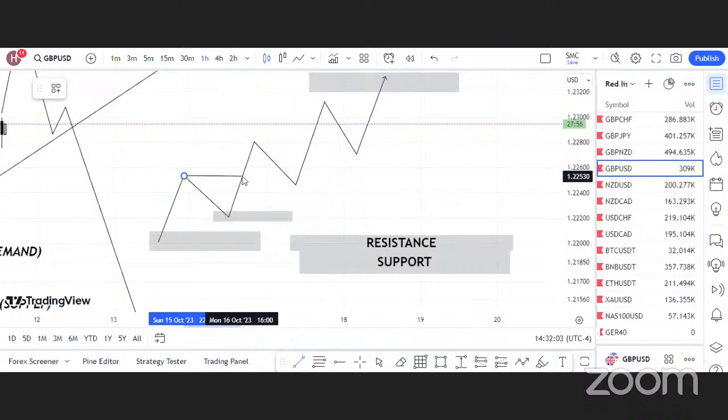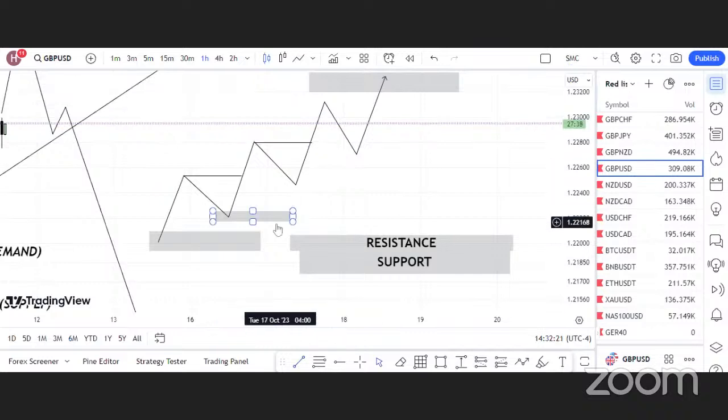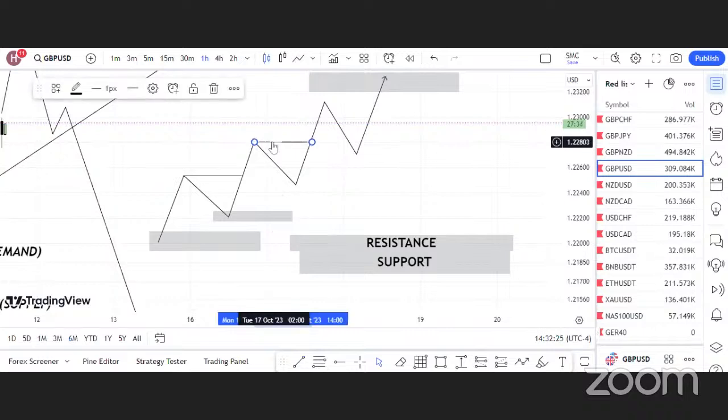We have what we call market structure. When the market is moving, the market is always creating structure. It's either creating a buy structure or a sell structure.